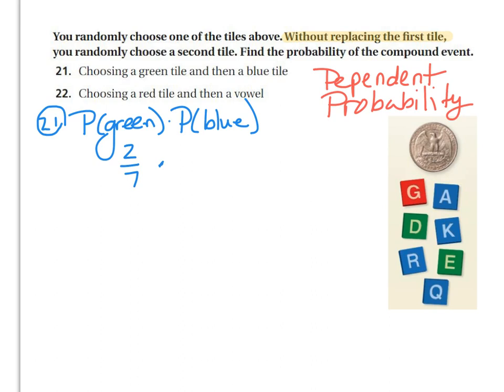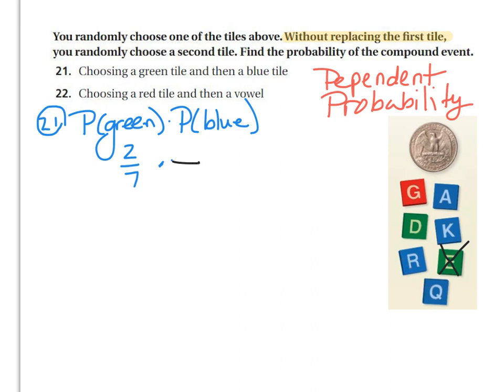Now, for this to have happened, you had to have pulled out a green tile. So let's say this green tile came out of the bag and is out of the bag. It's not being replaced. That leaves you with 1, 2, 3, 4, 5, 6 tiles in the bag.